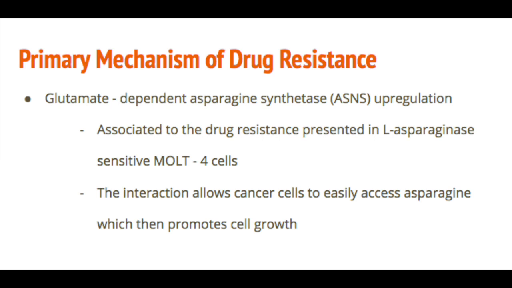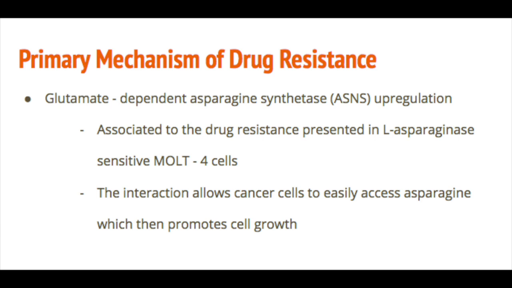An important mechanism of drug resistance toward asparaginase involves an enzyme called glutamine-dependent asparagine synthetase, also known as ASNS, in tumor cells. This enzyme functions to synthesize the L-asparagine in normal cells, which is required for building proteins.